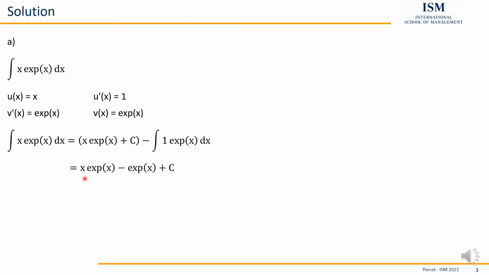Well, we could then continue and factor out the exponential function of x. That would look like this: x minus 1 times exponential function of x plus c. Okay, so that's already everything there is to the first part of this exercise.